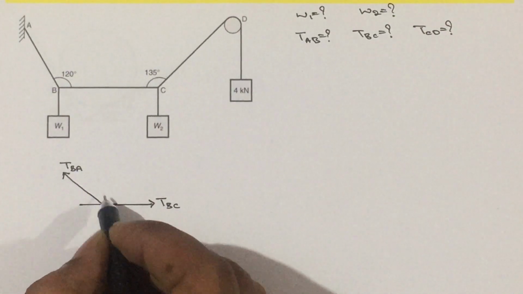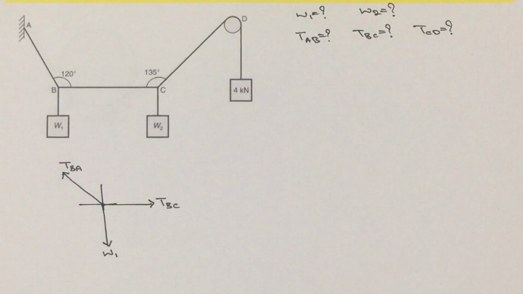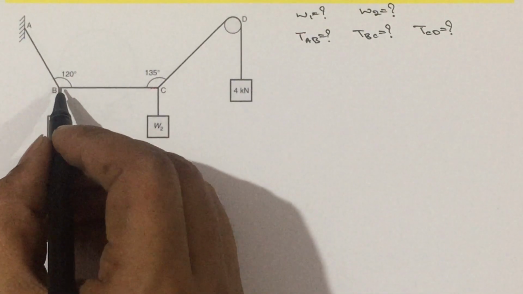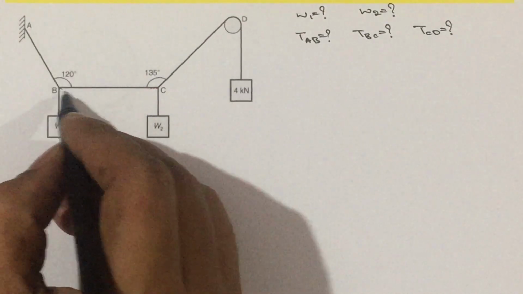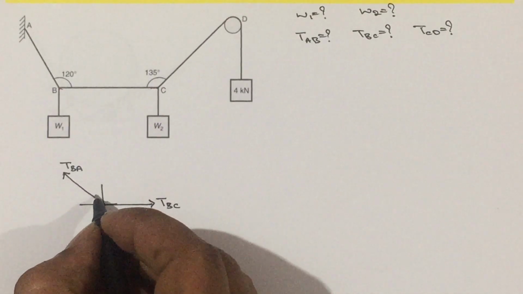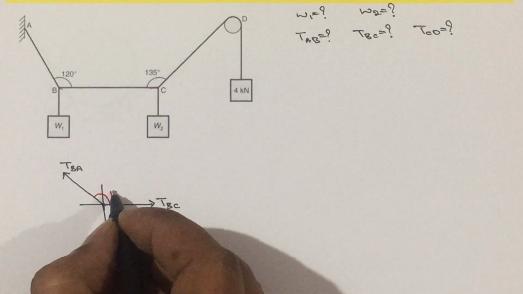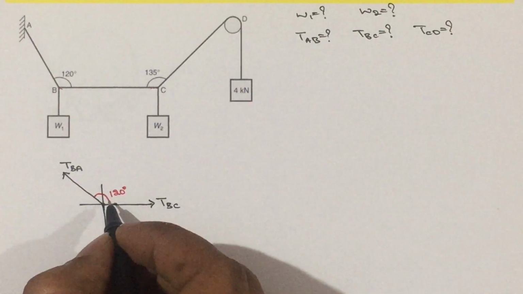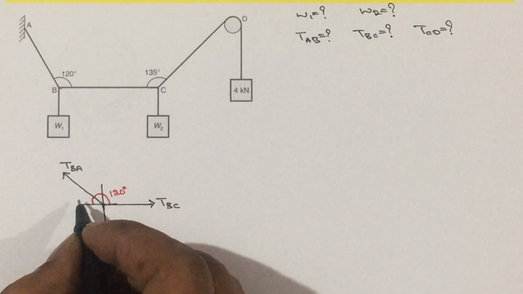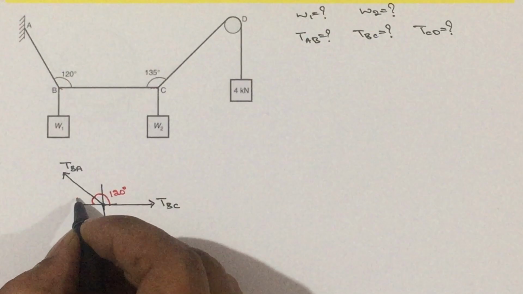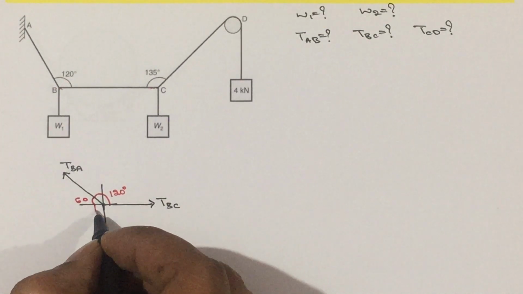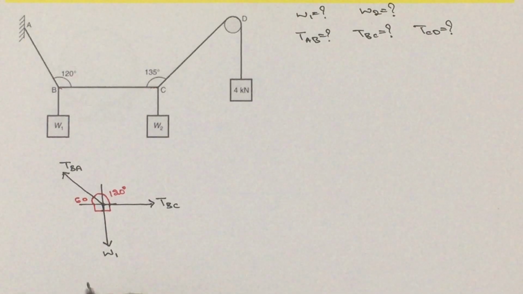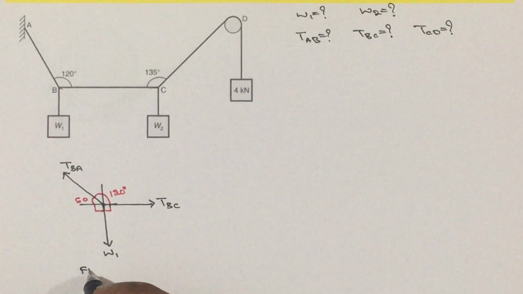For that, draw a plus mark at the point. Here the BC member, the angle between BA and BC is 120. Total it is from here to here it is 120 degree. So, if it is 120, then remaining here is 180 minus 120, therefore 60, and this will be 90, this is also 90, and this will be the free body diagram at B point.